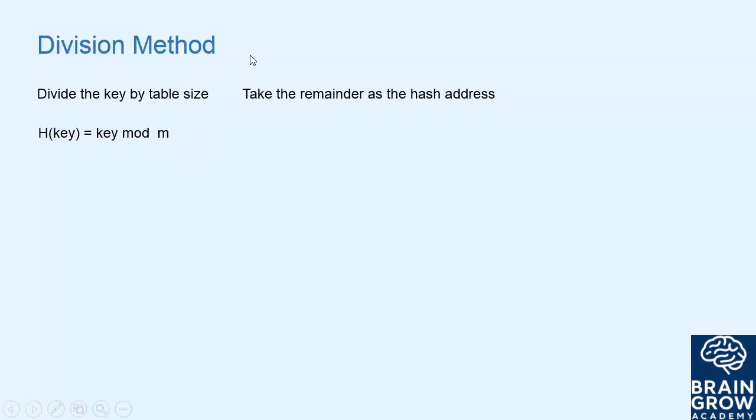Now let's see division method. This is the most commonly used method for hashing keys. In this method, we divide the key by the table size and we take the remainder as the hash address. This is also called modular division method or modular hashing method.